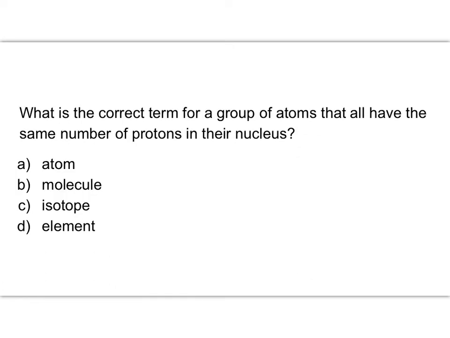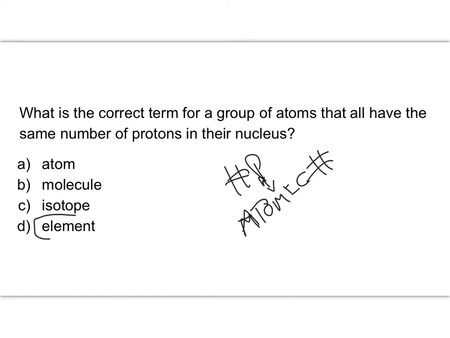What's the correct term for a group of atoms that have the same number of protons in their nucleus? Well, remember that the number of protons is also called the atomic number, and the atomic number and the number of protons, right, is what defines an element.